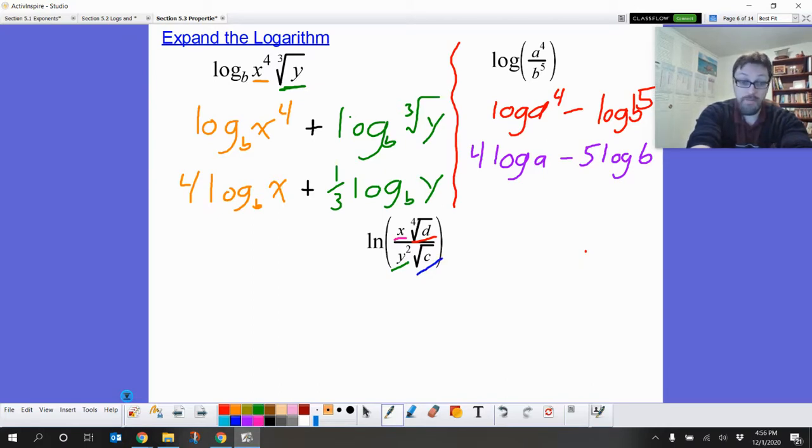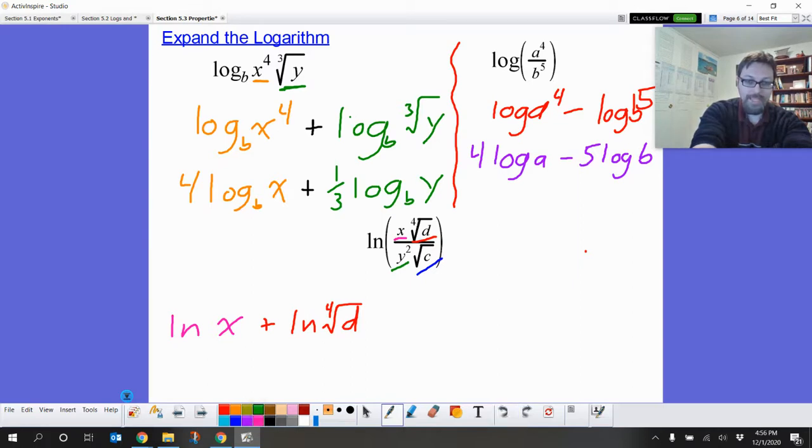So each one of those is going to get its own natural log. So we've got the ln of x. And then we've got the 4th root of d. That also gets an ln. Since d was in the numerator, it's going to get a positive, just like I kept a positive in front of that ln of x.